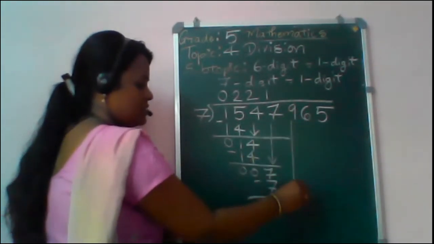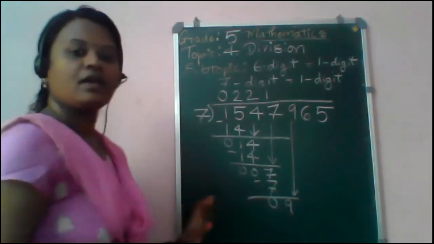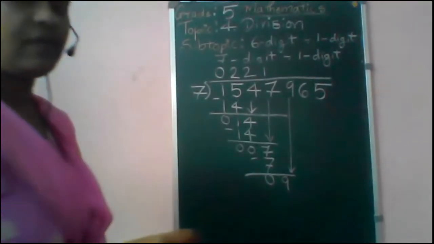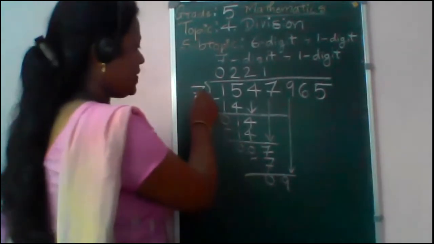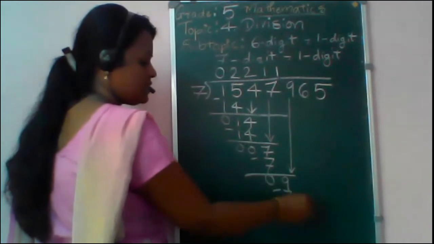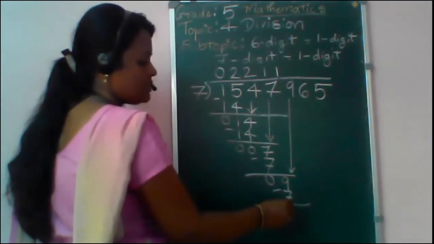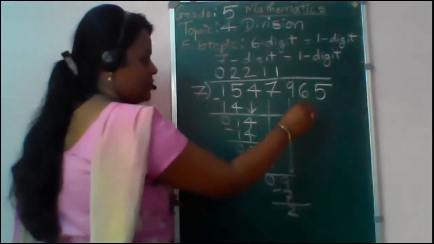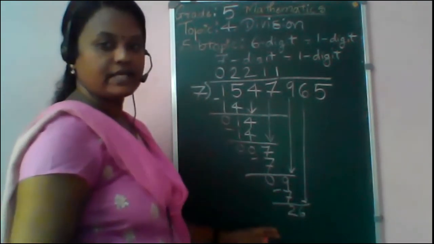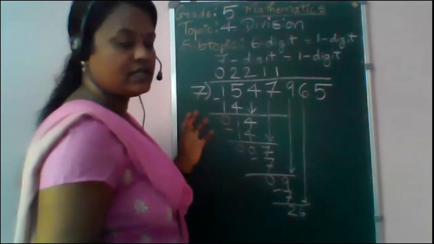Bring down the next digit 9. Since 9 is greater than 7, we see that 7 ones are 7. 9 minus 7 is 2. Bring down the next digit 6.